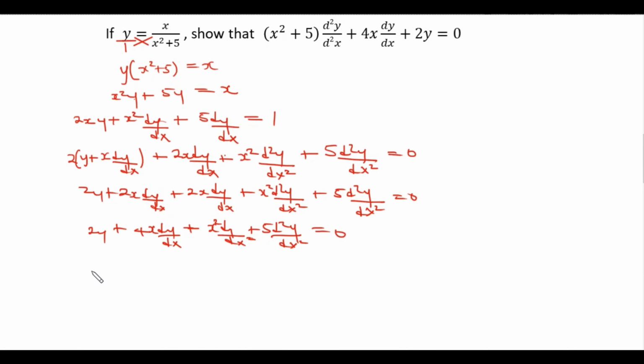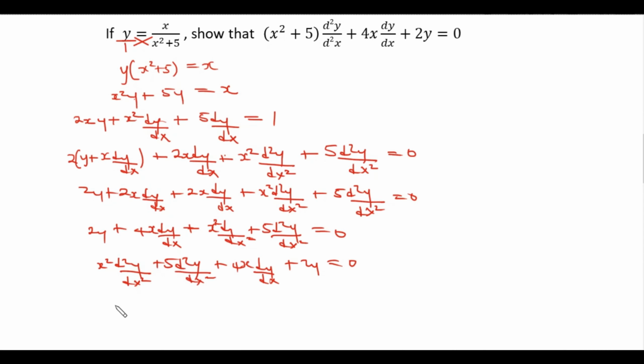So let's write this to show the proof. So we are almost there. So let's write again x squared d squared y all upon dx squared plus 5 d squared y all upon dx squared plus 4x, rearrange this, dy/dx plus 2y is equals 0. Here we factorize d squared y.